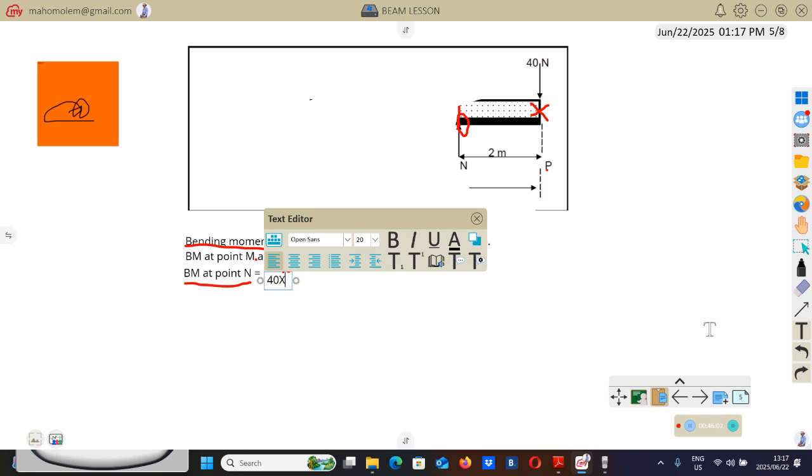You take that force, you multiply it by the perpendicular distance. The perpendicular distance from N to that 40 is 2.